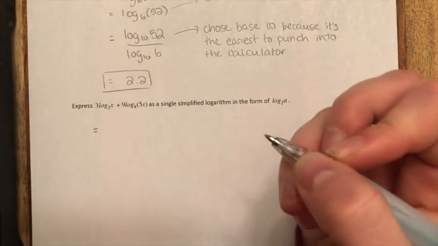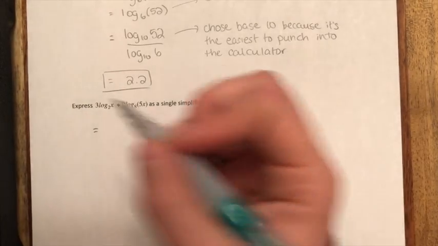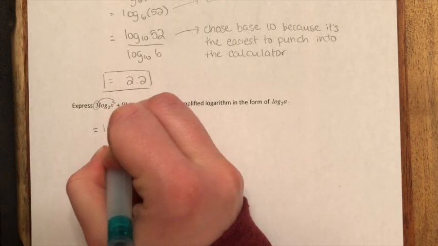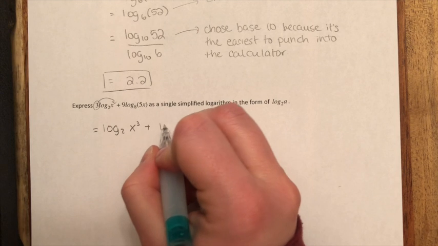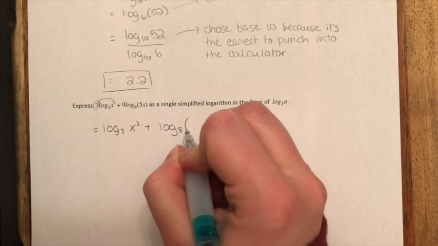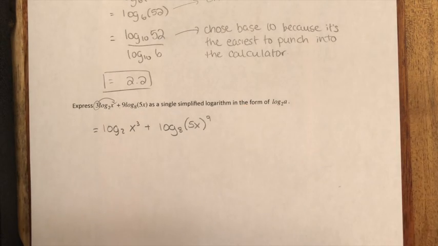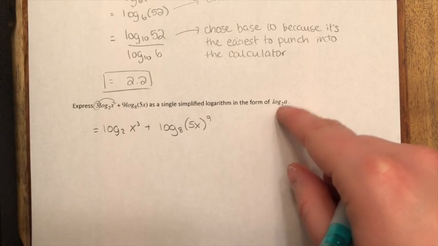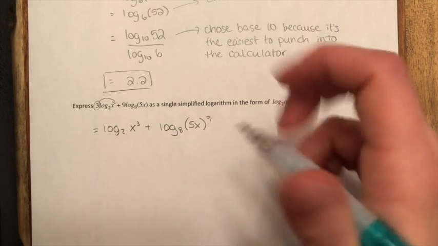Anytime we want to manipulate logs, combine them, we want to get those coefficients up as exponents. So this is going to be log base 2 of x cubed, and then plus log base 8 of 5x to the 9th exponent. Because we're trying to get to log base 2 of something, I'm going to change this base to log base 2.